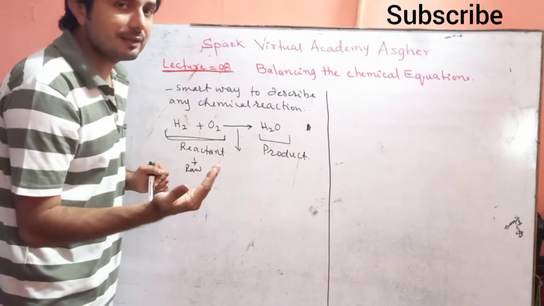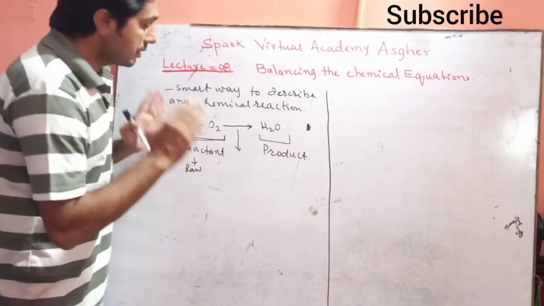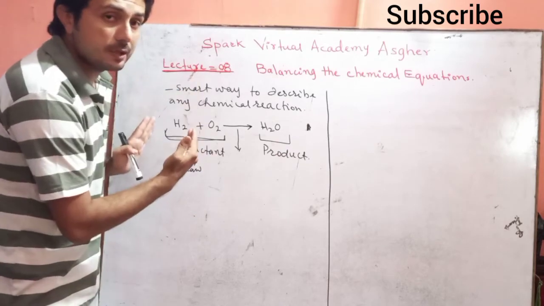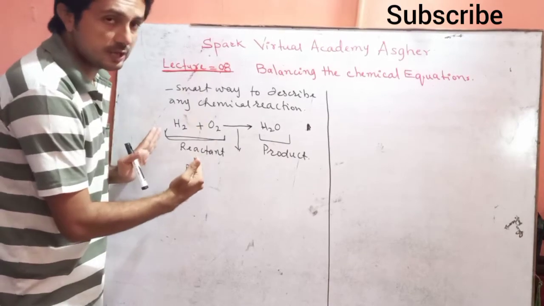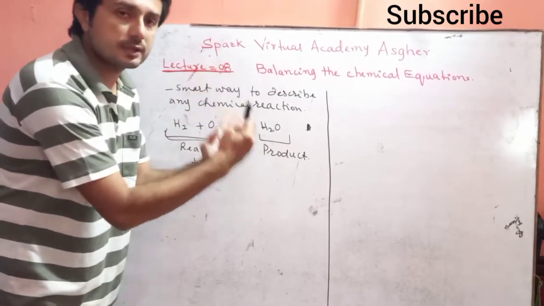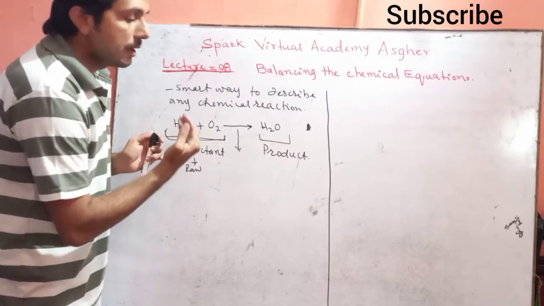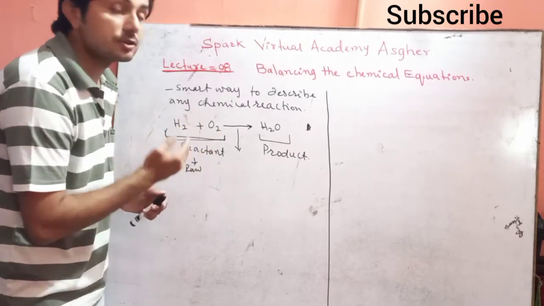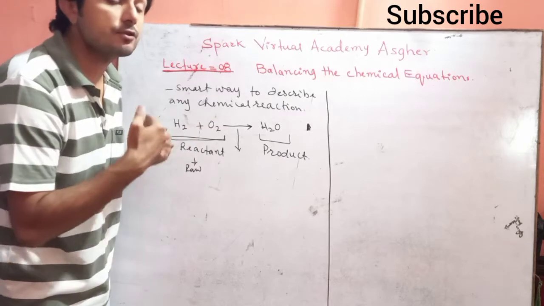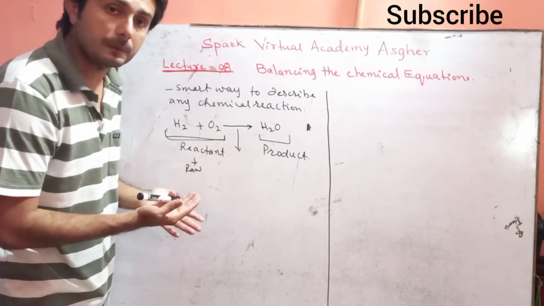So balancing the chemical equation means there should be an equal number of atoms at the reactant side and on the product side. If the number of the products or the reactants are not equal to each other, then we have to make both equal.